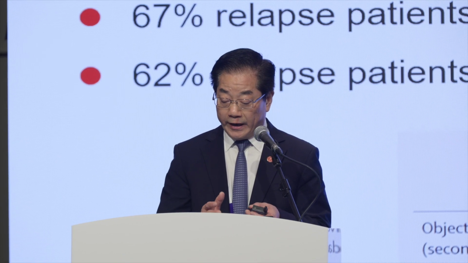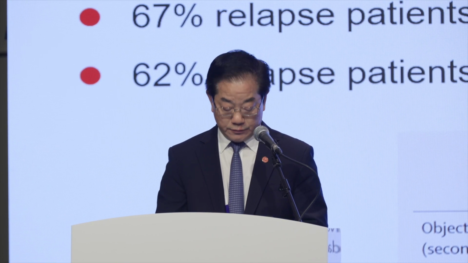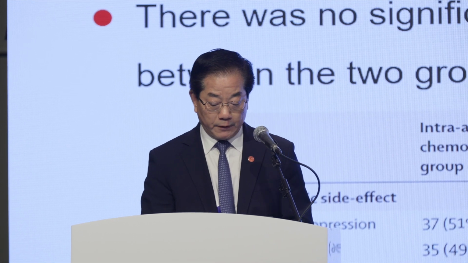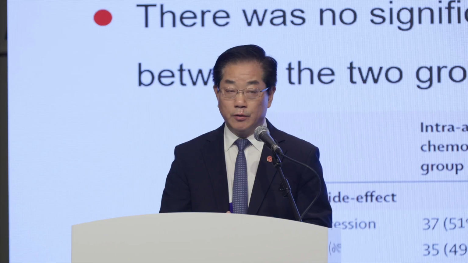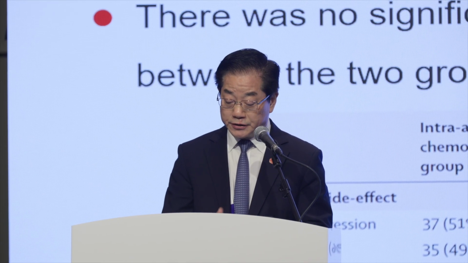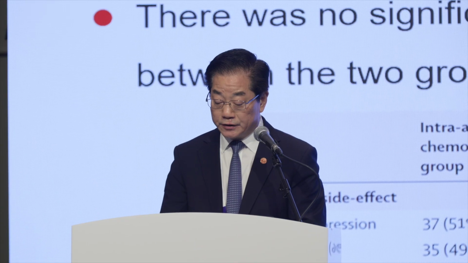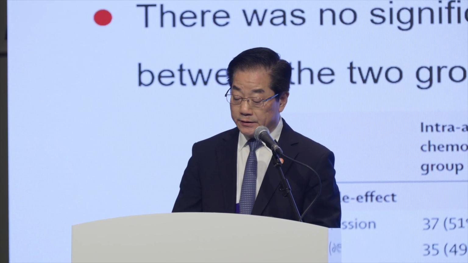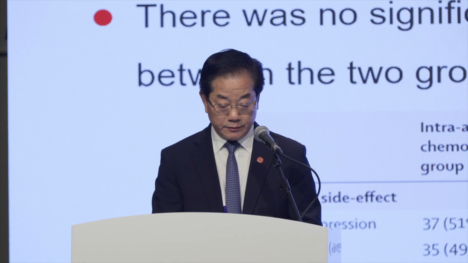The relapse rate of the 2 groups has no difference. IAC reduced the incidence of bone marrow suppression from 70% in the IVC group to 50%, and the severity significantly decreased.